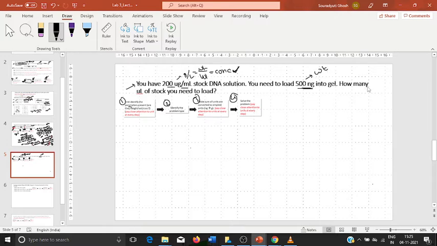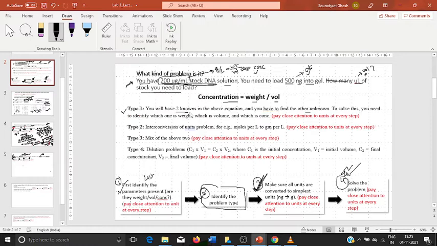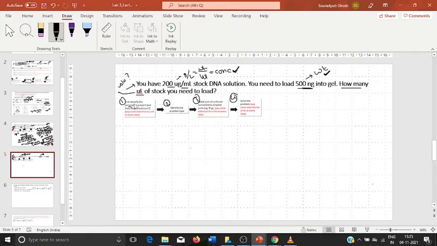The question is how many microliter of stock you need to load, so this microliter is volume, which is not known and has to be calculated. Concentration is known, weight is known, so this turns out to be the type 1 problem, with 2 known and 1 unknown in this equation.